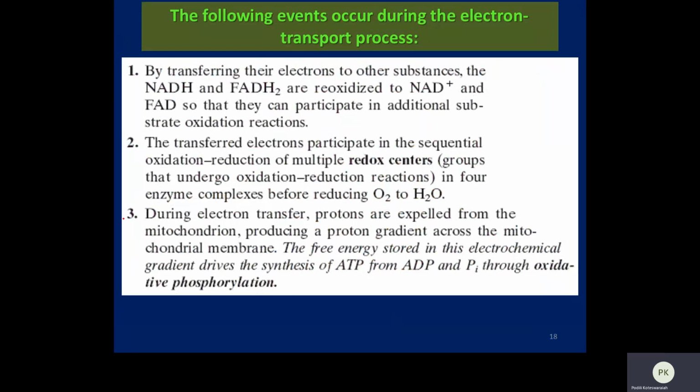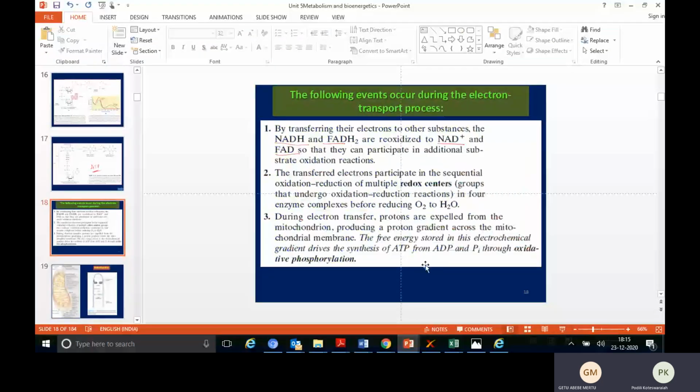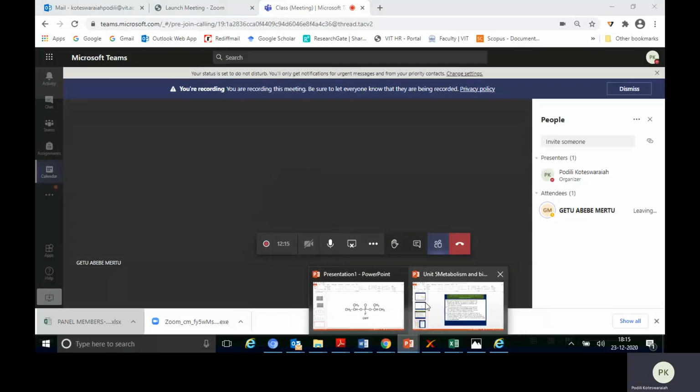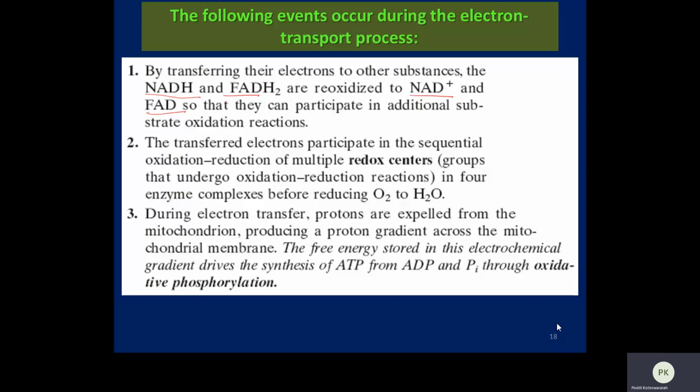One is that the high energy molecules produced in glycolysis and the TCA cycle, like NADH and FADH2, should undergo oxidation to NAD plus and FAD, so that they can participate in additional substrate oxidation reactions.